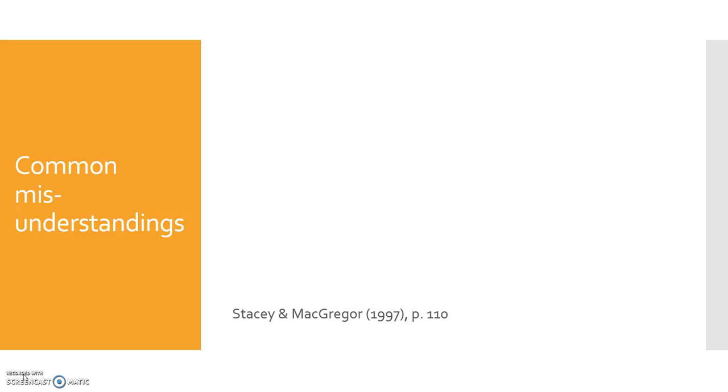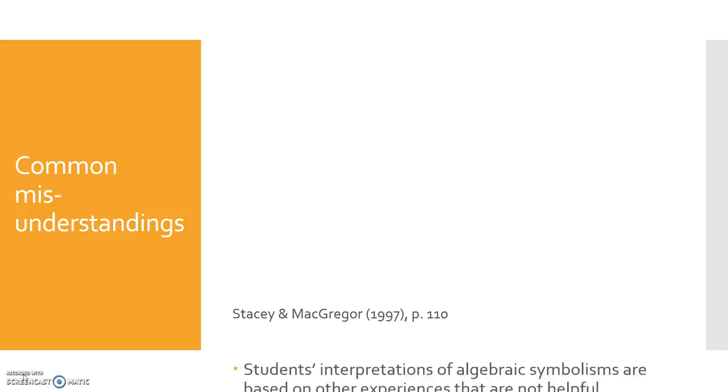Stacey and McGregor interviewed over 2,000 students ranging in ages and also experiences with algebra to try and understand what kinds of understandings they had about symbols. And so they found four major misconceptions.